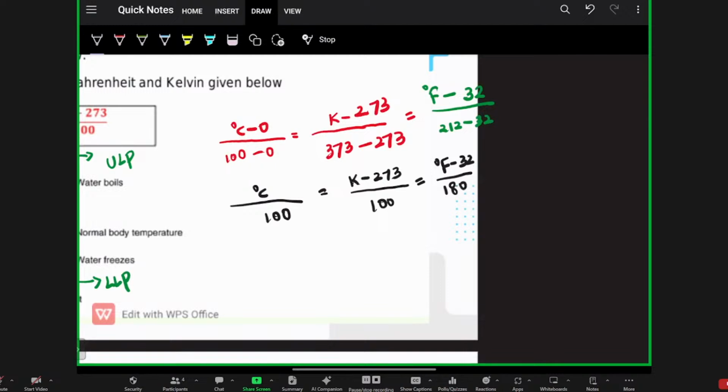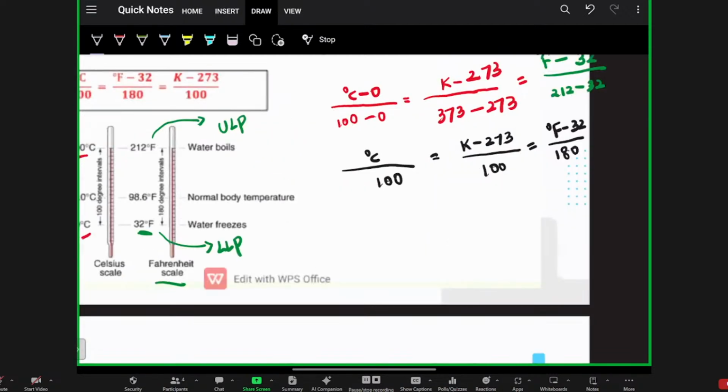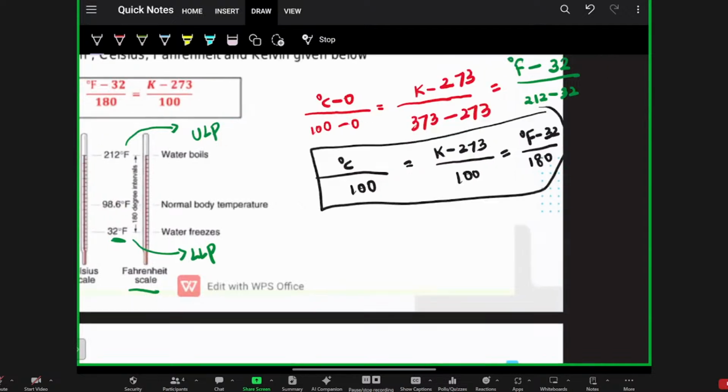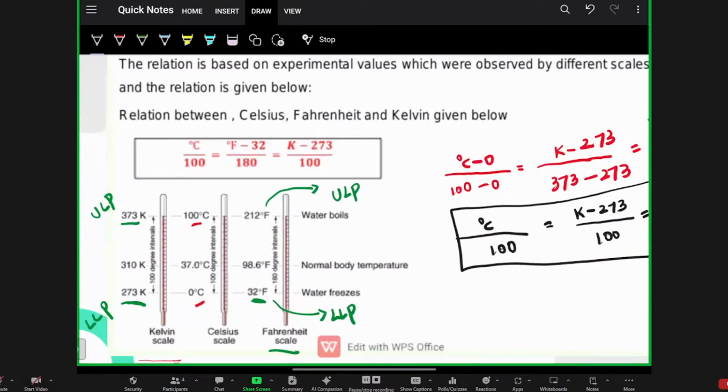It's clear? So this is the equation. Using this equation, we can solve any converting question, converting Kelvin to Celsius, Kelvin to Fahrenheit, anything.